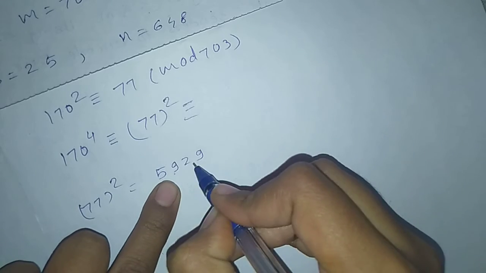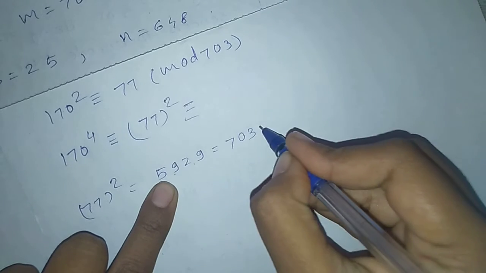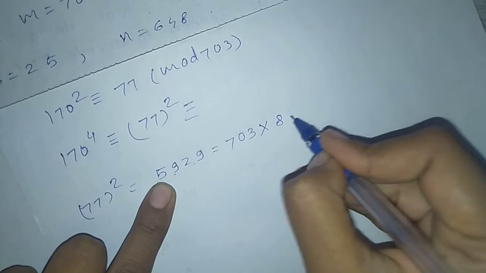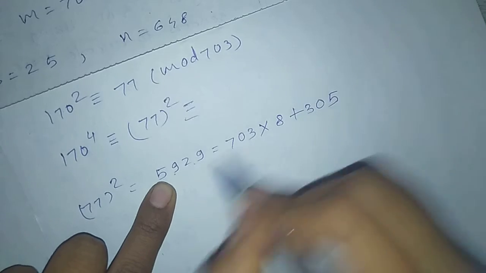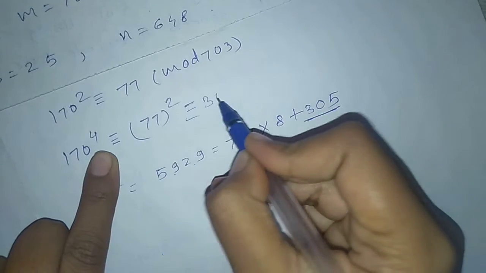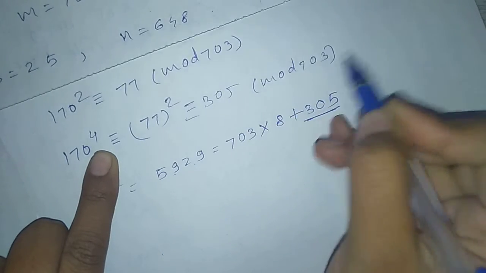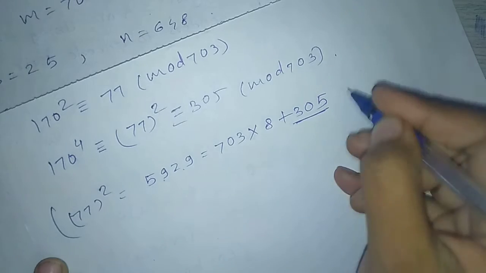When 5929 is divided by 703 into 8, we get remainder 305. So 77 square is congruent to 305 under modulo 703. This is the rough work.